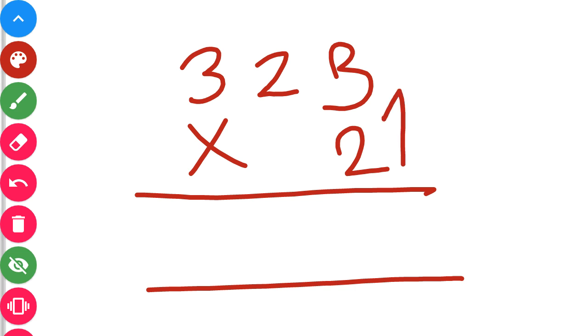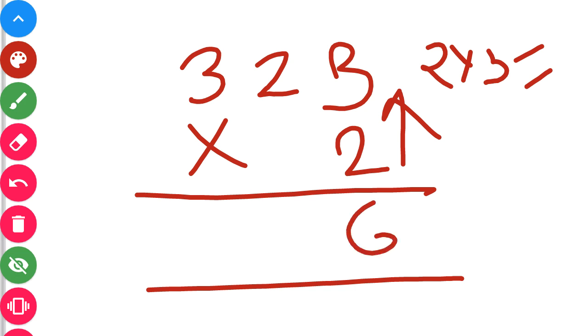So at ones place we are having 3. So 2 into 3. 2 3s, count the table and tell me the answer. 2 3s are 6.